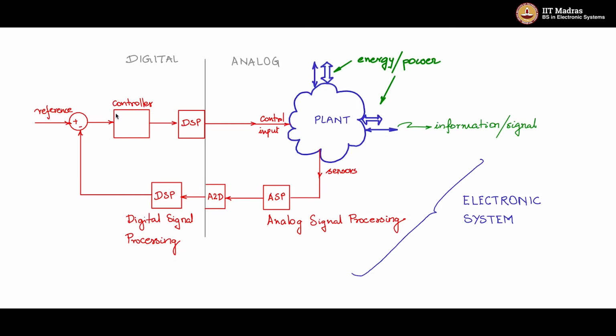Then of course the controllers, which could be a proportional or an integral or a proportional integral derivative controller, and so on and so forth. And then further digital signal processing and give an appropriate signal to the control input such that the plant here behaves in a manner that you want it to behave.